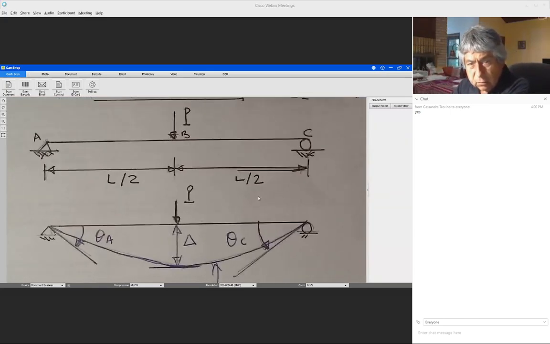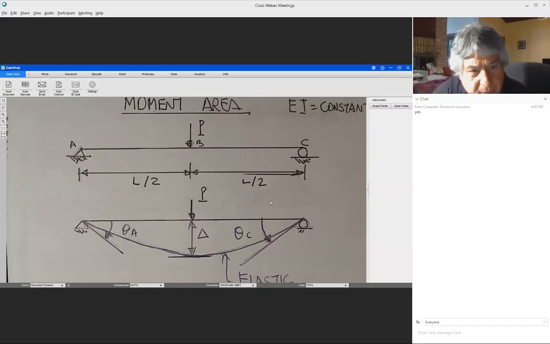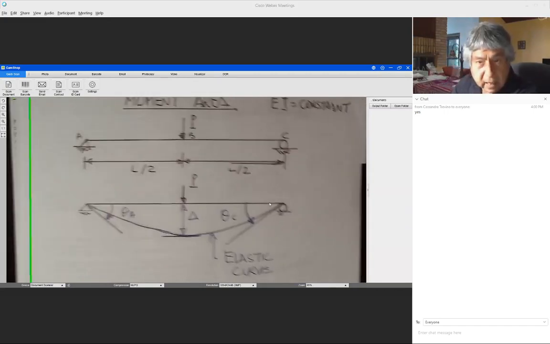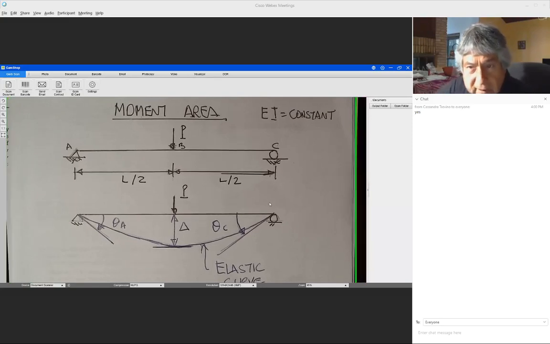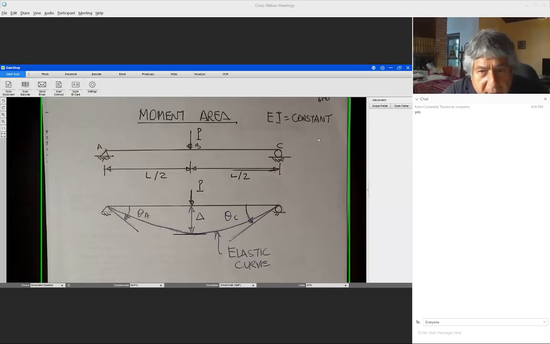This is the easiest of all the problems. And most of the time, you're going to find that EI is constant. We have a beam with a load in the middle, L over 2, L over 2. So the reactions are going to be P over 2, P over 2.